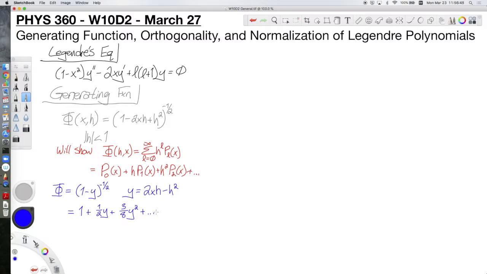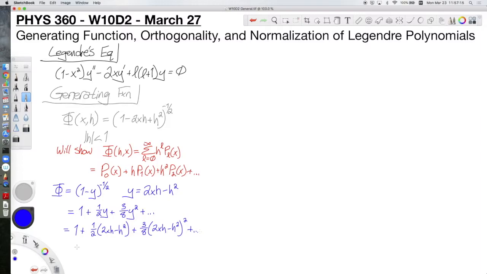So if we now replace y with 2xh minus h squared, we get 1 plus 1/2 times (2xh minus h squared) plus 3/8 times (2xh minus h squared), again, that whole thing squared, and we could write more terms if we want to, but that's as far as I'm going to go.